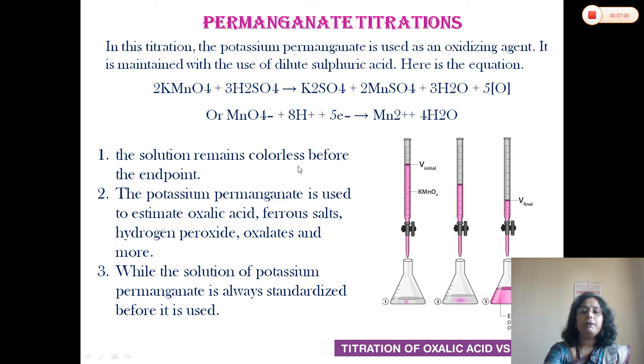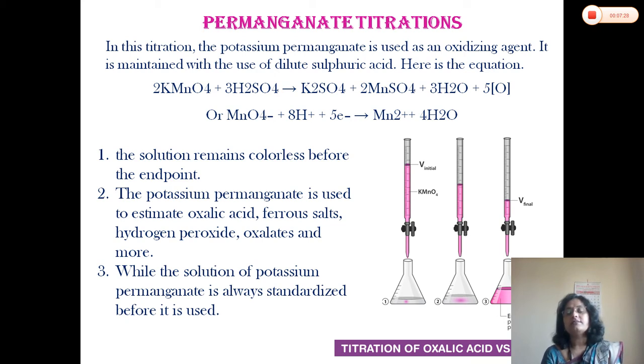Now in a permanganate titration, what will happen? Before the end point your solution is colorless. Then we are adding KMnO4 into the titrate, and at the end point the color of the solution changes to pink.